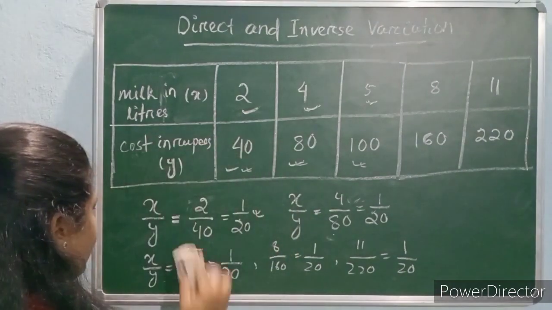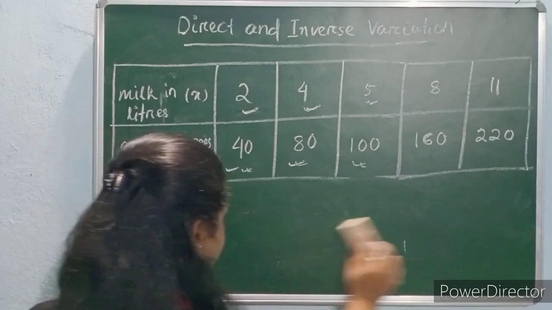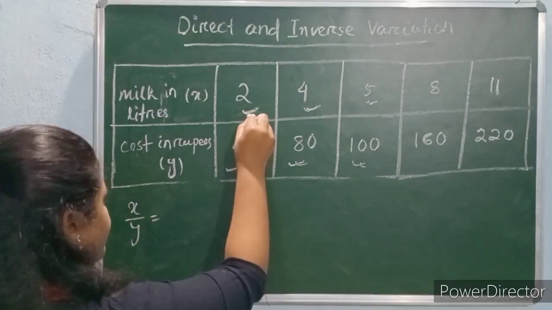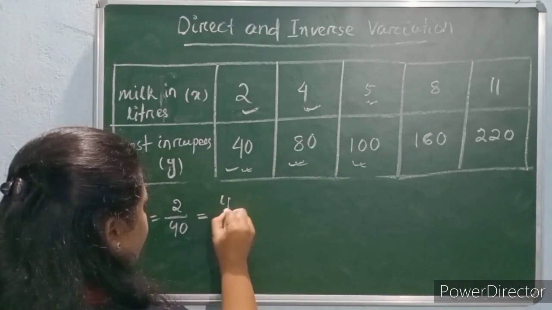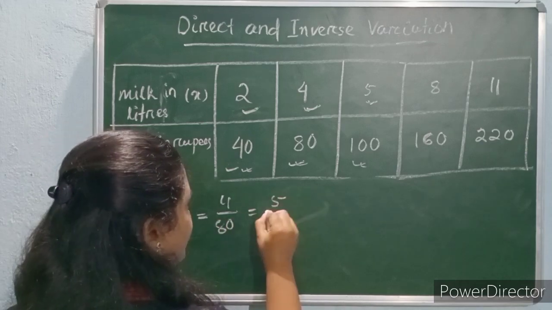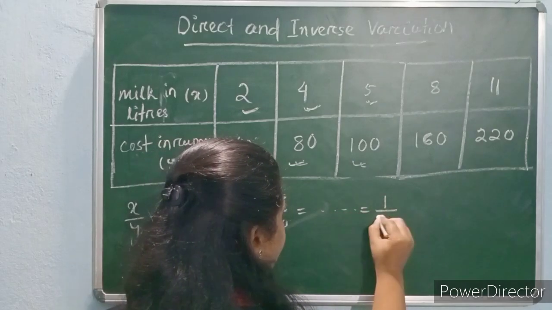If we take all of this in a row, x by y equals 2 by 40, and similarly 4 by 80, and that equals 5 by 100, and that is the same as 1 by 20.